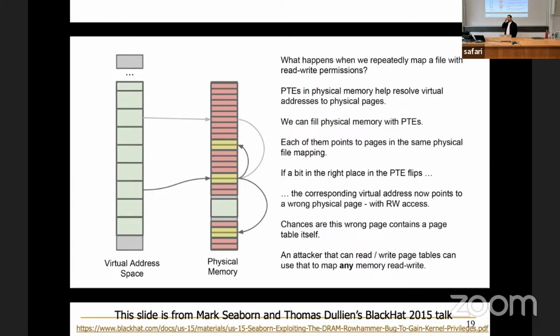Maybe I need to repeat the question, right? So the question is, can we limit the number of page table entries so that we can mitigate this kind of attack? You can do it to some extent. You still need this virtual memory support, so you cannot completely eliminate it.